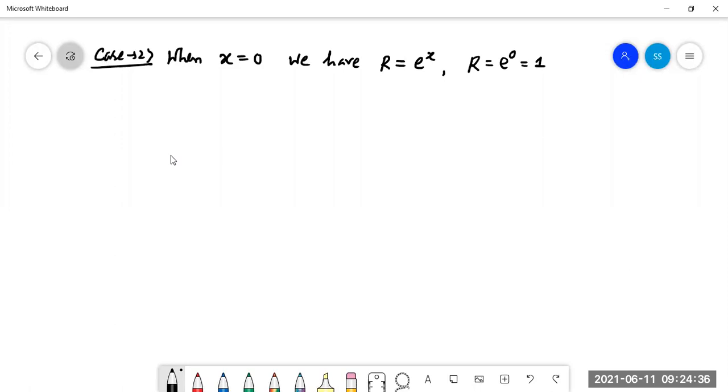So the radius is 1. So that can be written as mod w equal to 1. That is, mod of u plus iv equal to 1. That means it is a circle, u squared plus v squared equal to 1 squared. So it is nothing but a unit circle in the W plane.